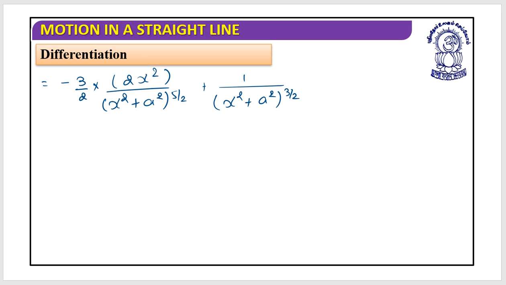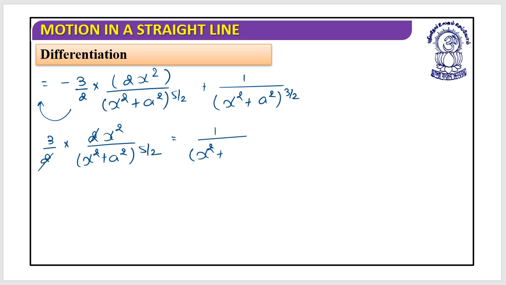Now let's try to solve this. Let's move this term to the other side, so the negative becomes positive: 3 by 2 multiplied by 2x square divided by (x square plus a square) to the power 5 by 2. This 2 would cancel, and this would be 1 by (x square plus a square) to the power 3 by 2.